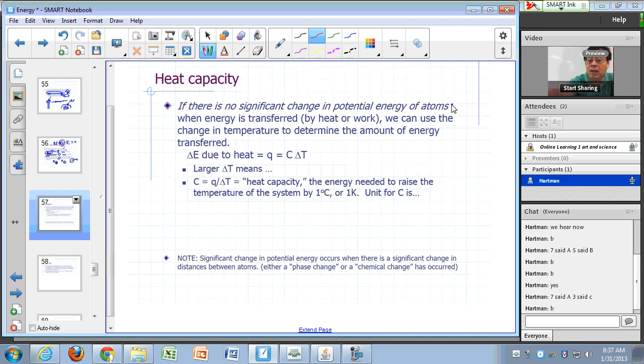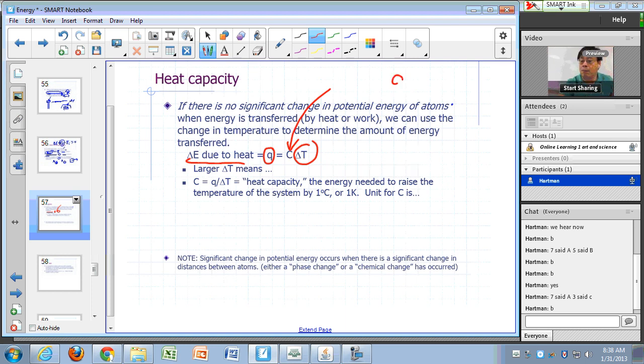So the amount of energy that's transferred due to heat, which we represent by the letter Q, would be directly proportional to the change in temperature. So we say Q is equal to some constant C times delta T. That's what we write when we say two things are directly proportional.